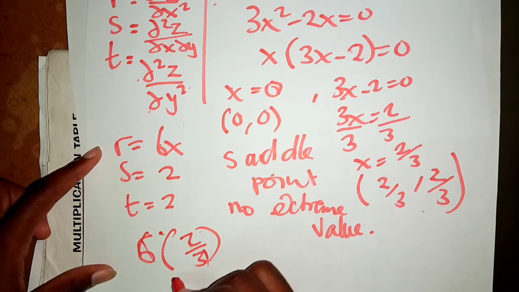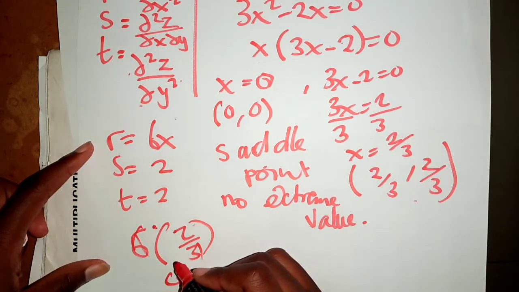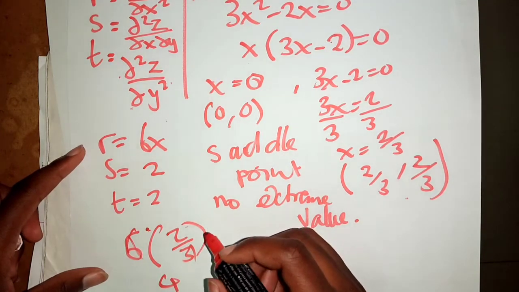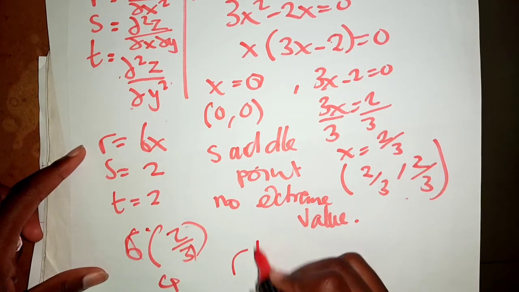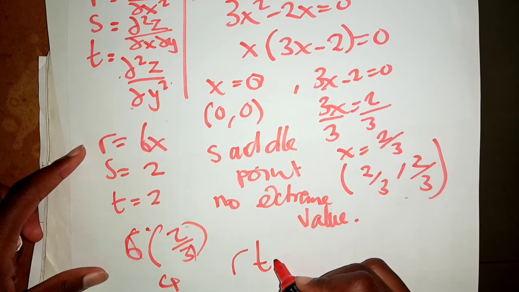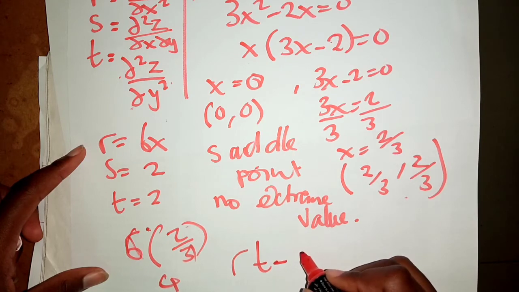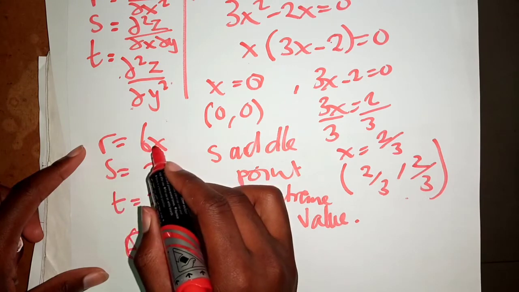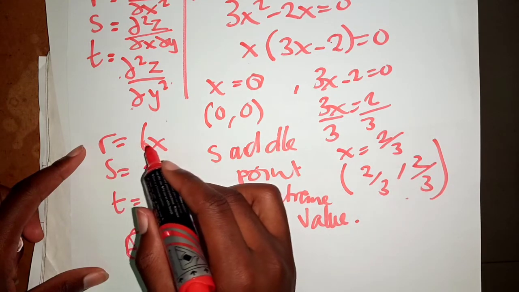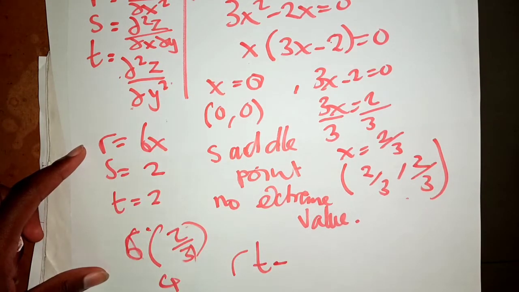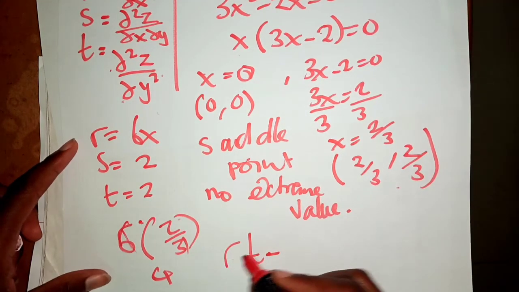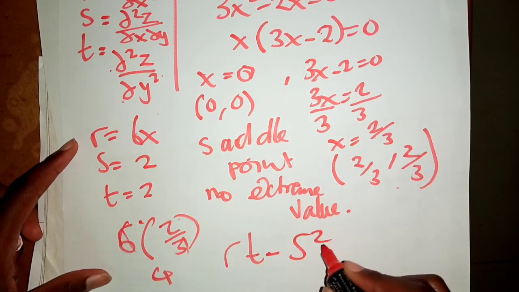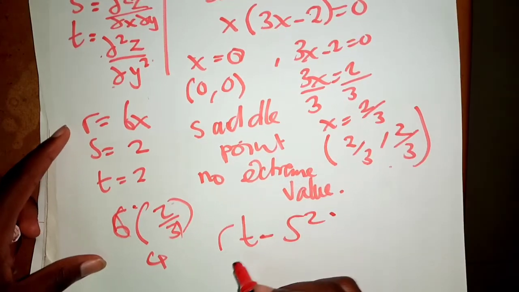This one will cancel, then you're going to have 4, and thus you can conclude that this one here is going to be a maximum point, since rt minus s squared, we are going to find the value.